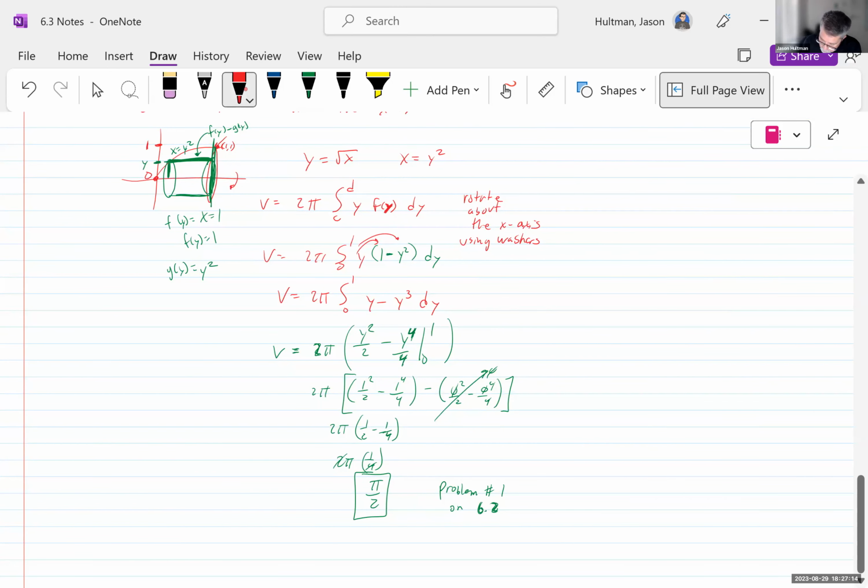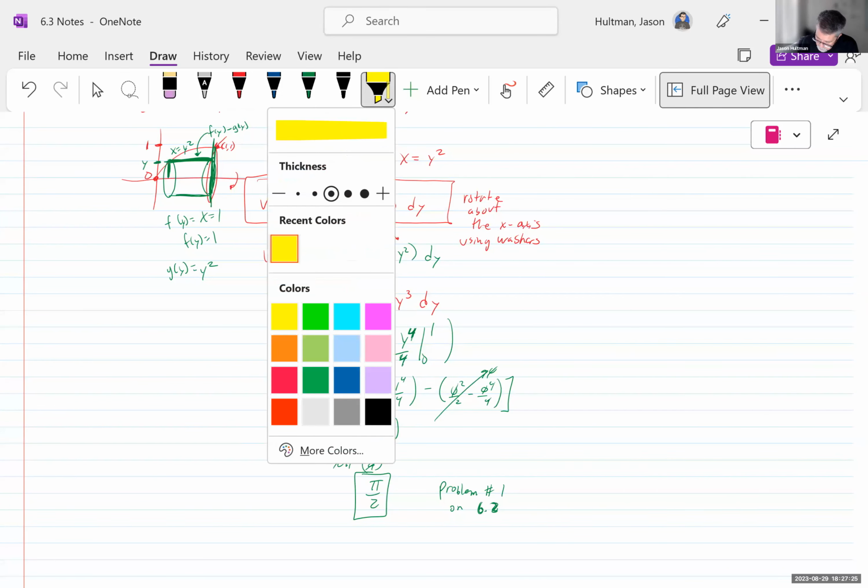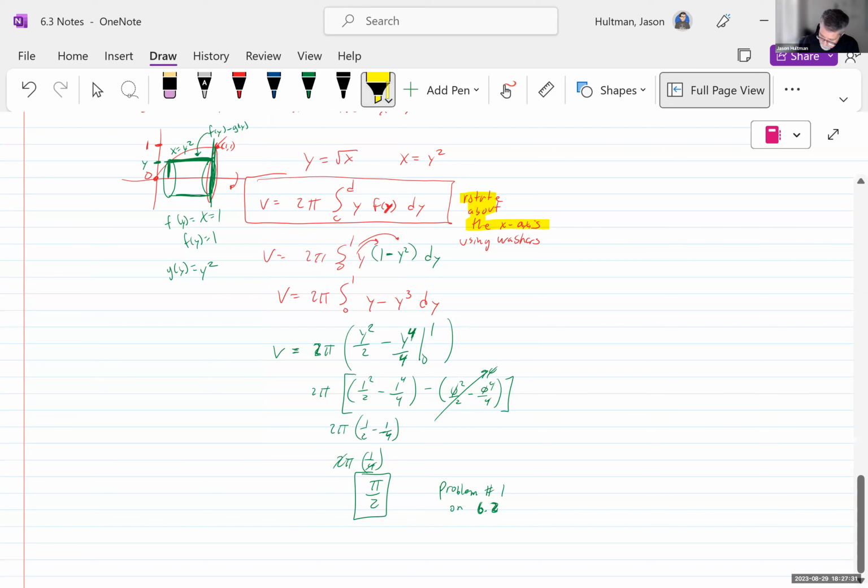This is rotating about the x-axis. Let me highlight that. So if we rotate about the y-axis, we don't have to do anything. We just use the function as it is.